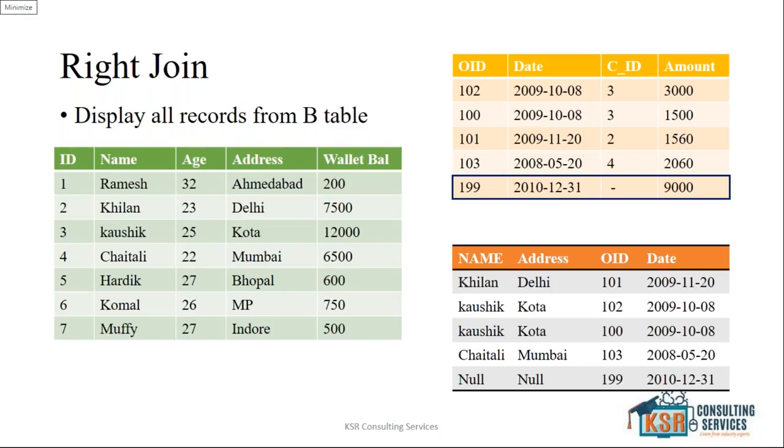Very simple. I'm asking from the orange table, whoever has ordered as a guest. The person's name and address is null. What is the query? So we will select name and address from table 1, and we will select.